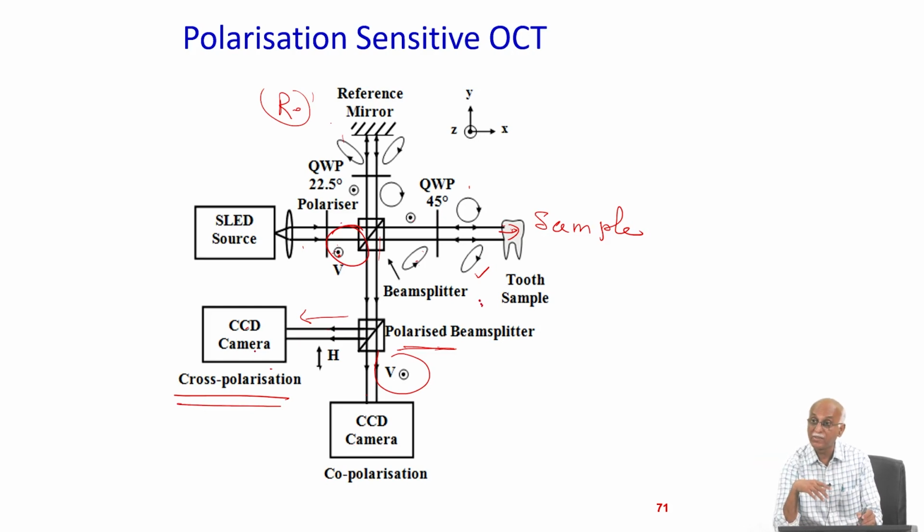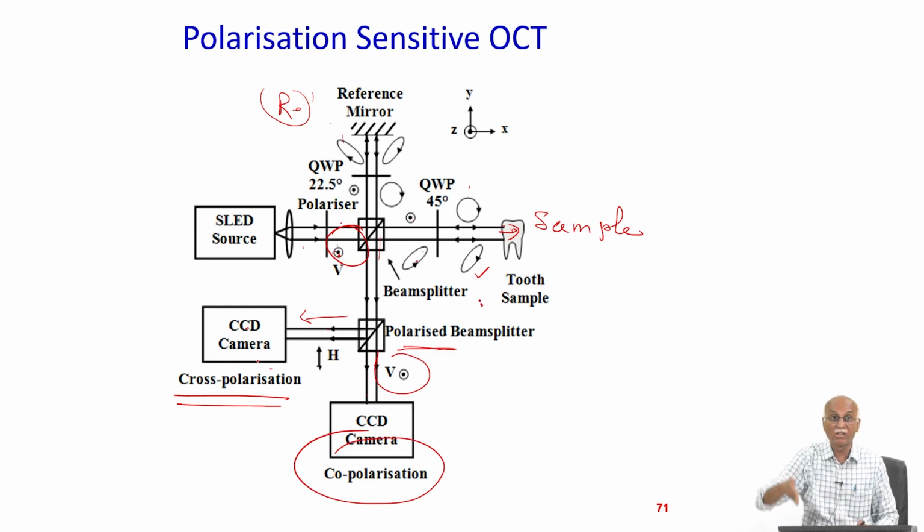So, the cross polarized component will only give us the birefringence effect when it is travelling through the medium, while the co-polarized will give us multiple reflections from the front surface and everything. So, the noise component is there here, but here the noise component from the surface has been removed. So, that is the idea of using such polarization sensitive OCT.